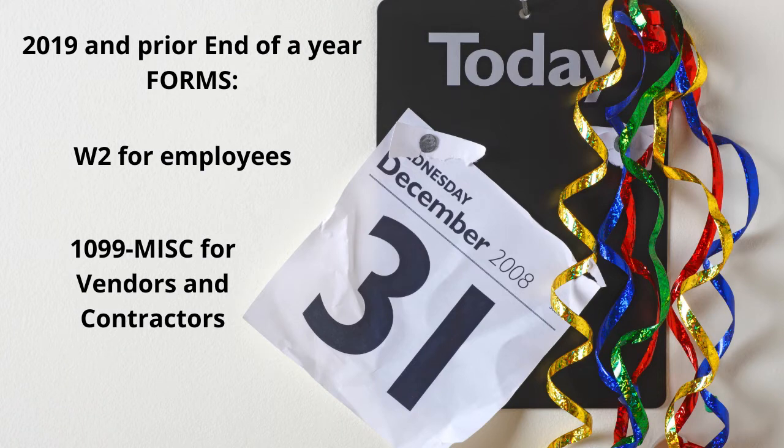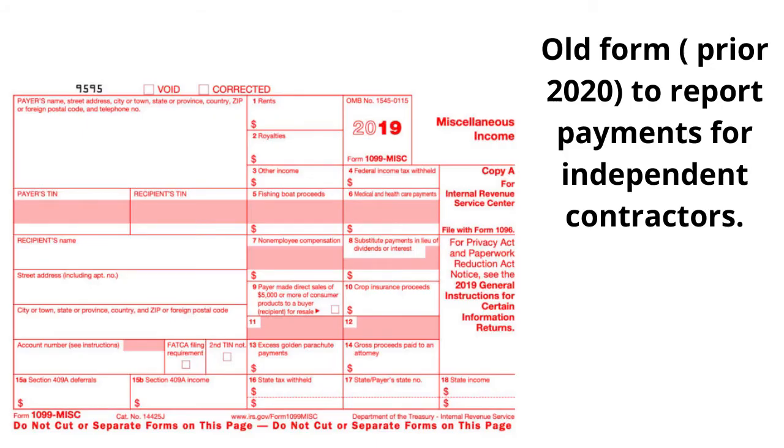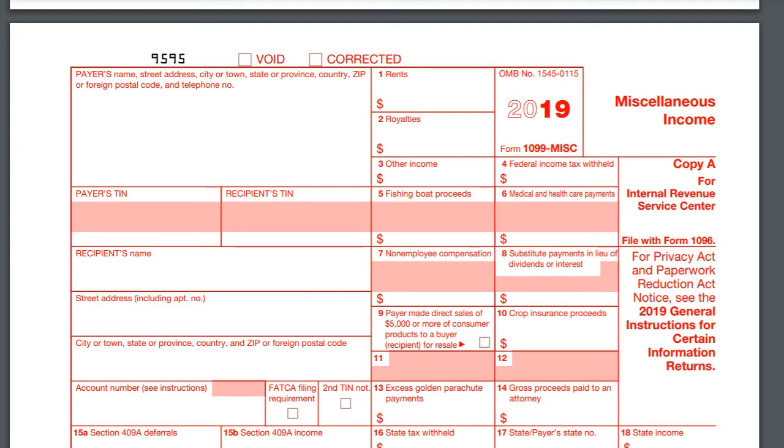Basically, when we close a year, you're going to issue W-2, and if you have contractors, you're going to issue a 1099 form. So for years we had a 1099 form miscellaneous, and you can see it in the picture here, for example, for 2019.